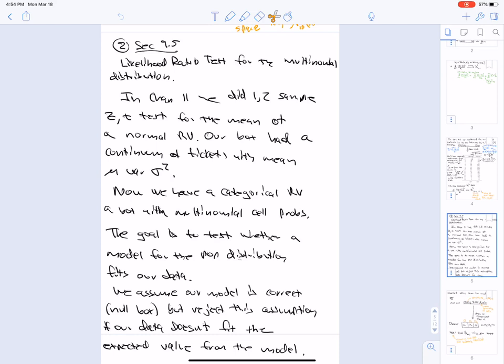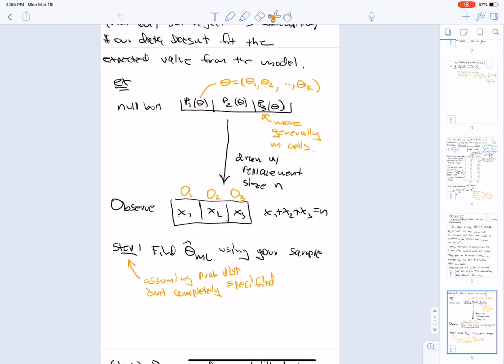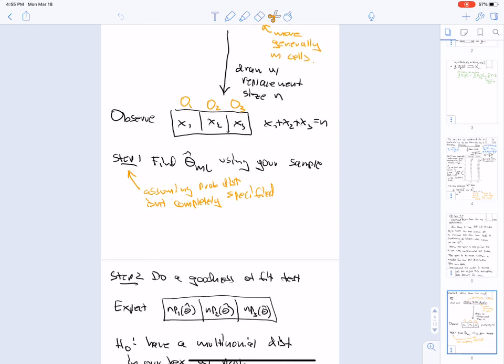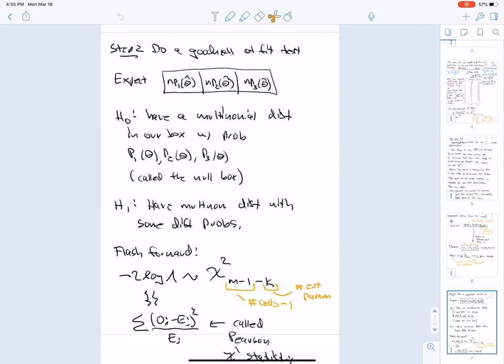So here we're in a categorical case. Our box is categorical, unlike in chapter 11 where we had normal data, which is continuous. Here we have categorical data. We have a parameter theta, which may have k dimensions, and we get observed counts. So our first step is to estimate our parameter, and our second step is to find the expected counts.